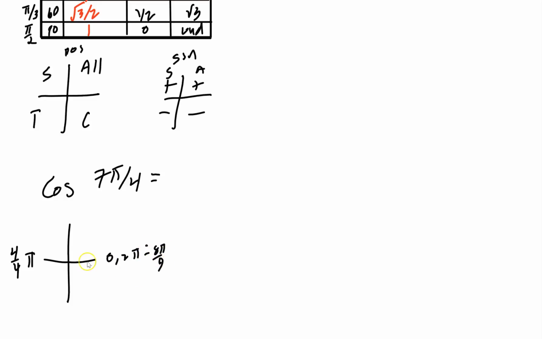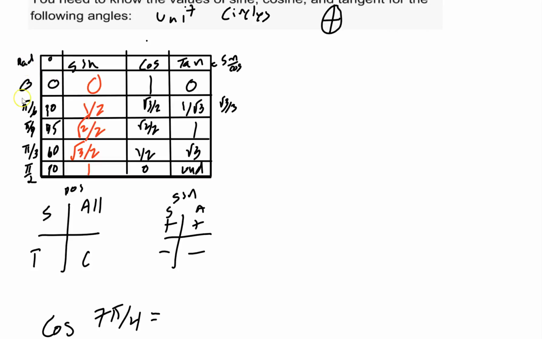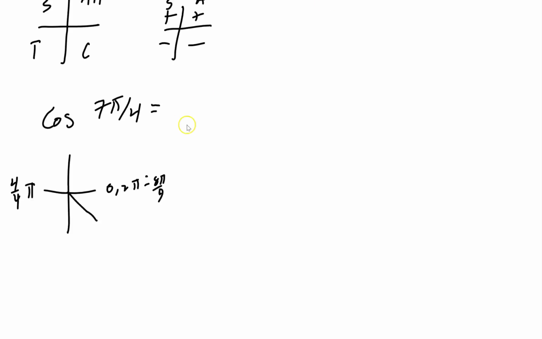So 7 is a little bit below that, right here. So I'm in quadrant 4. That's important for whether it's positive or negative. So 7 pi over 4, if you just look at your chart here, is rad 2 over 2. And then based on the chart, All Students Take Calculus, cosine is positive in that quadrant, so positive rad 2 over 2. That's how you use the chart.